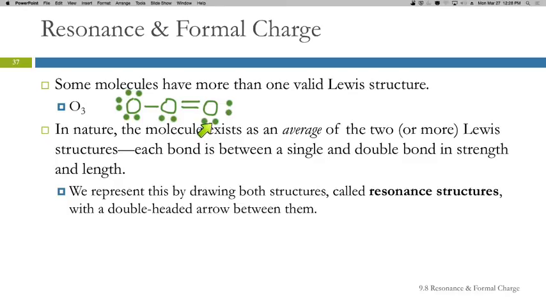Why is this oxygen having a double bond with the center one? Why not that one? Because we happen to draw it that way, that's all.